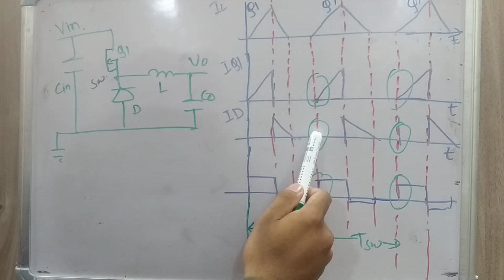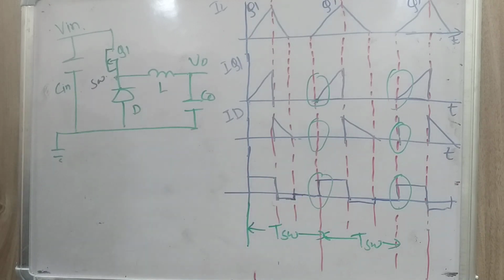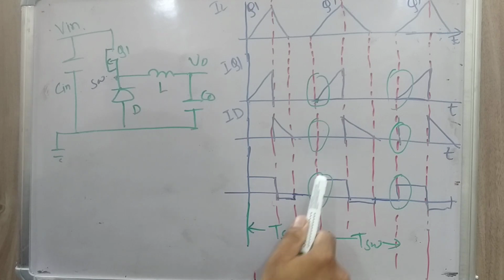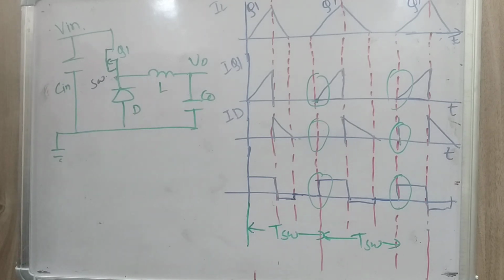So that is the reason there is no forward current flowing through the diode before it is turned off, and there are no trapped charges inside the diode. Even though the diode is reverse biased, the current through the diode in the earlier stage was 0. That's why reverse recovery loss does not happen in DCM mode.